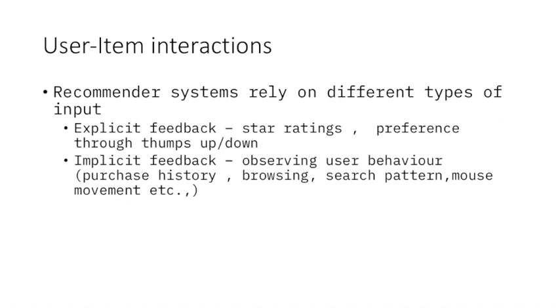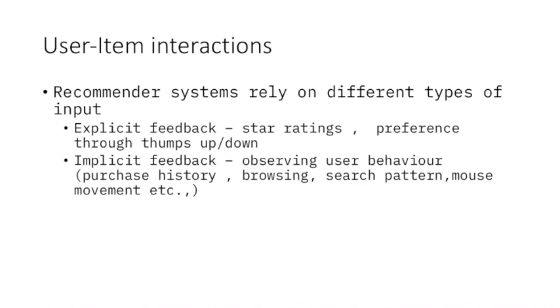Implicit data is basically how much time we spend going through the portal, and what item we have selected and clicked on. So the order history, the search history, the number of clicks, these are some of the things that are tracked, and that is used to give the recommendation for the particular user.